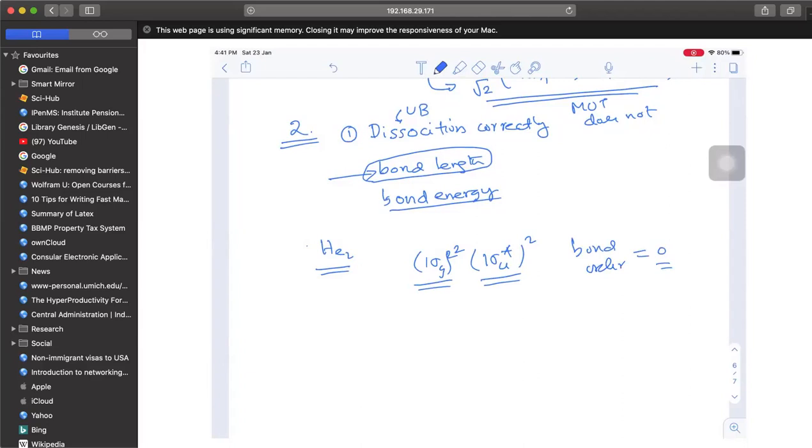But if you remove 1 electron from He2 to get He2 plus, the electronic configuration will be 1 sigma g with 2 electrons and 1 sigma u star with only 1 electron, and the bond order will be half.